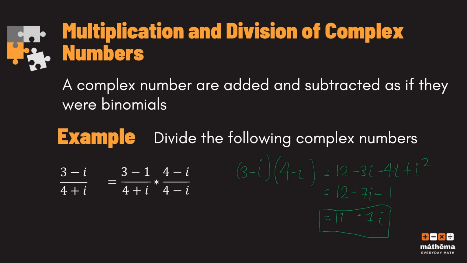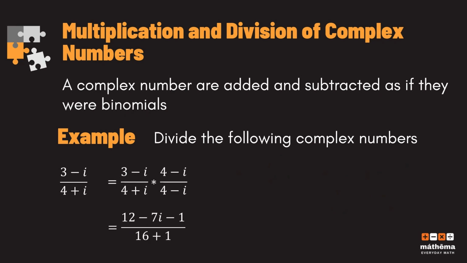Now, here, the same pattern as earlier, the denominator is just equal to what? 16 plus 1, or 17. So again, our denominator is 17 and our numerator is 11 minus 7i. So we have 11 minus 7i over 17.